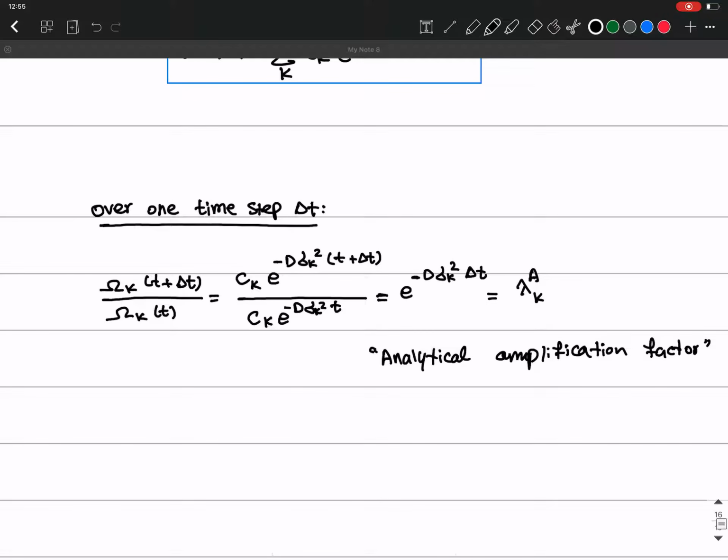So this is the analytical amplification factor, but we already had the numerical amplification factors.